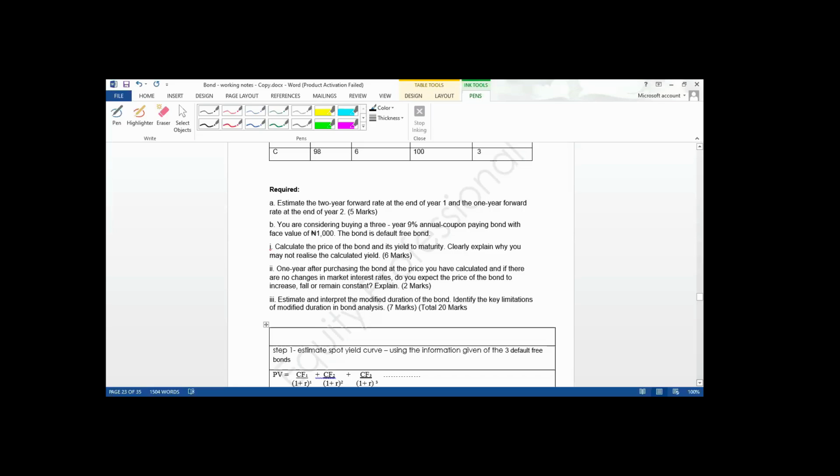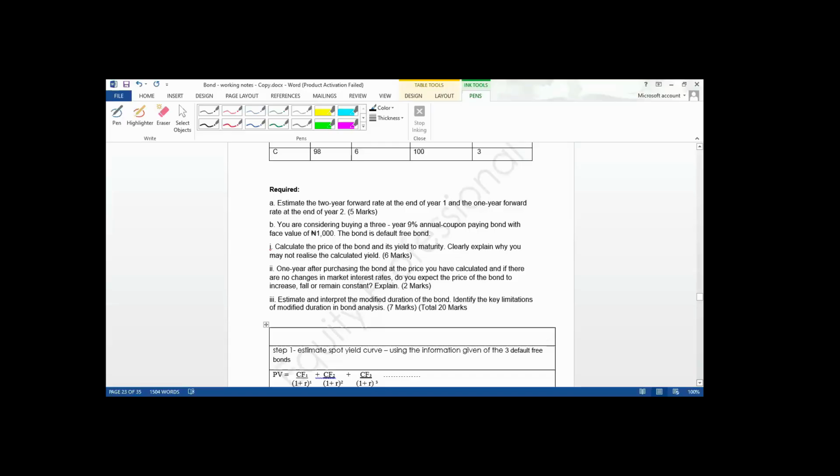Face value of the bond is 1,000 naira. That means the price of the bond is higher than the face value. That is a premium bond.